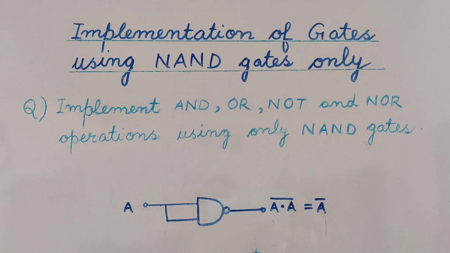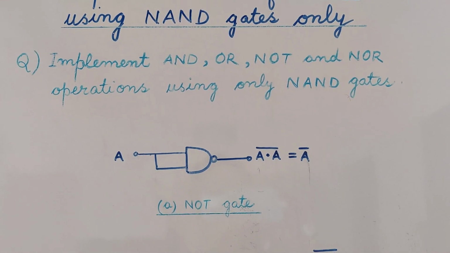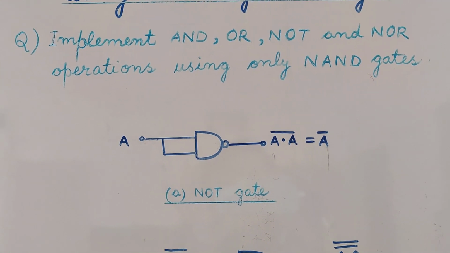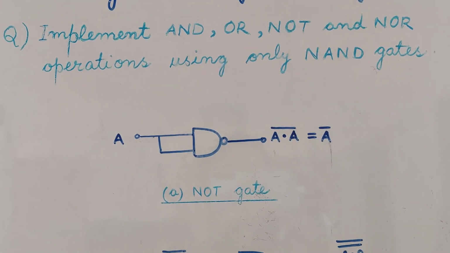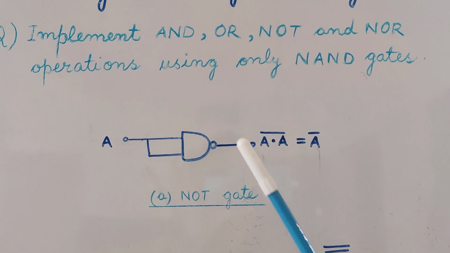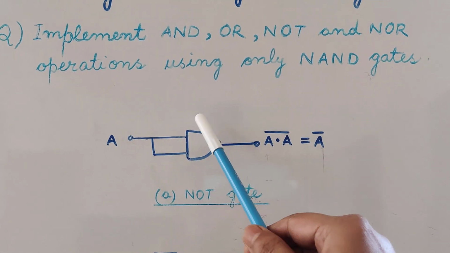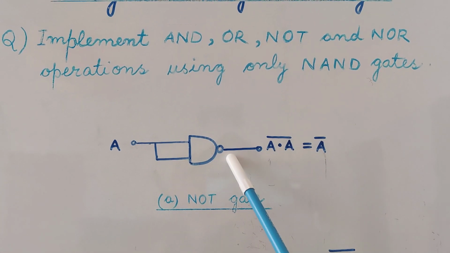So as you can see in figure A, we have implemented a NOT gate by using one NAND gate. This is the symbol of the NAND gate.